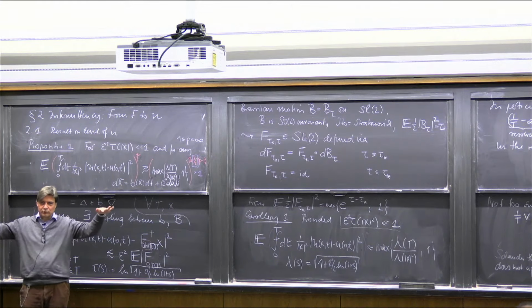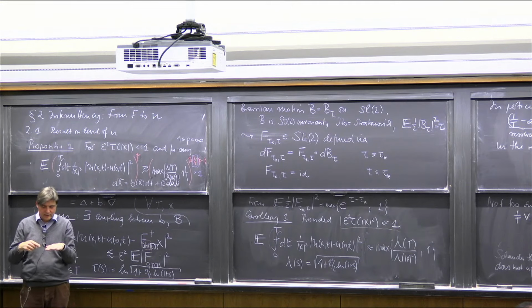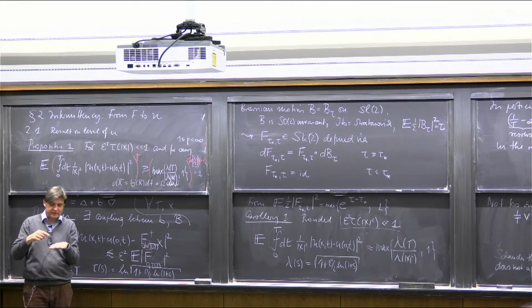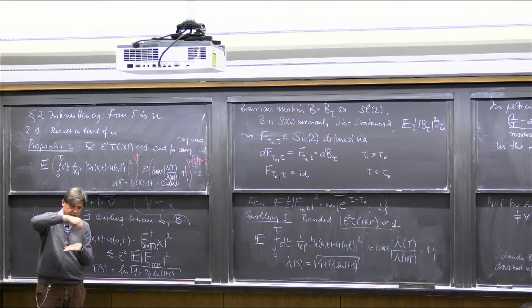So it's an interesting loop soup in which this particle diffuses, and it's super diffusive because as it diffuses, it finds these larger and larger loops, which the Gaussian free field has as level sets.